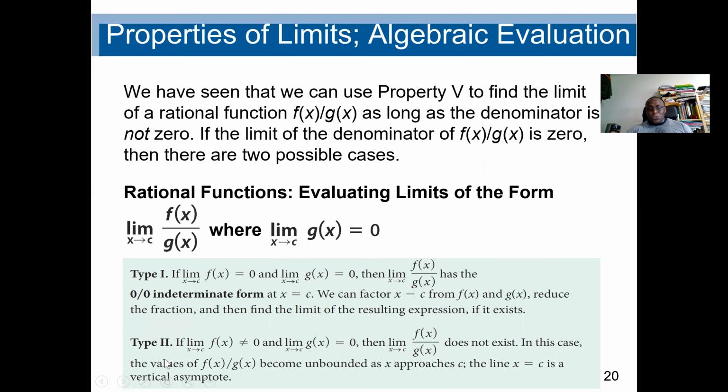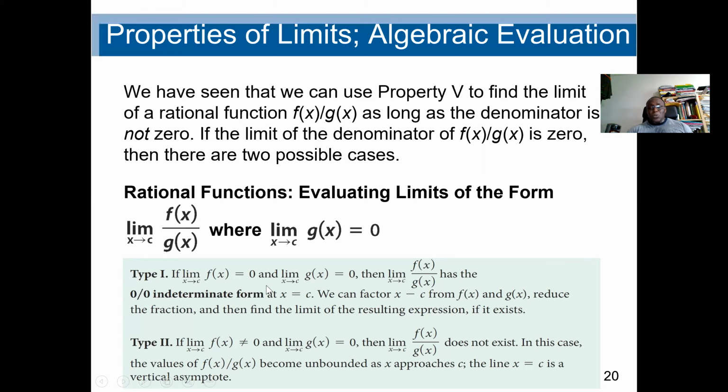Type 1: if f(c) equals 0 and g(c) equals 0, we have 0 over 0, which we call the indeterminate form. This means we can reduce the expression. Type 2: if f(c) is not equal to 0 but g(c) is, then the limit does not exist. As we said earlier, we can't divide. So these are the two things we have to consider.